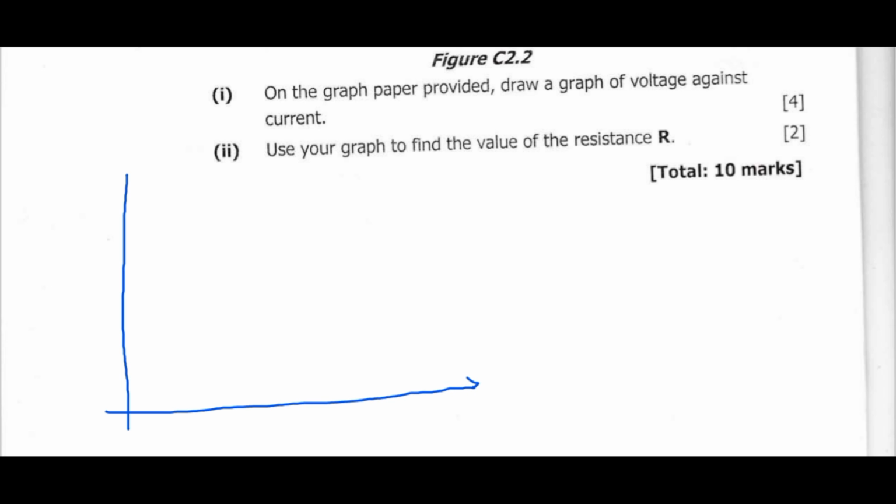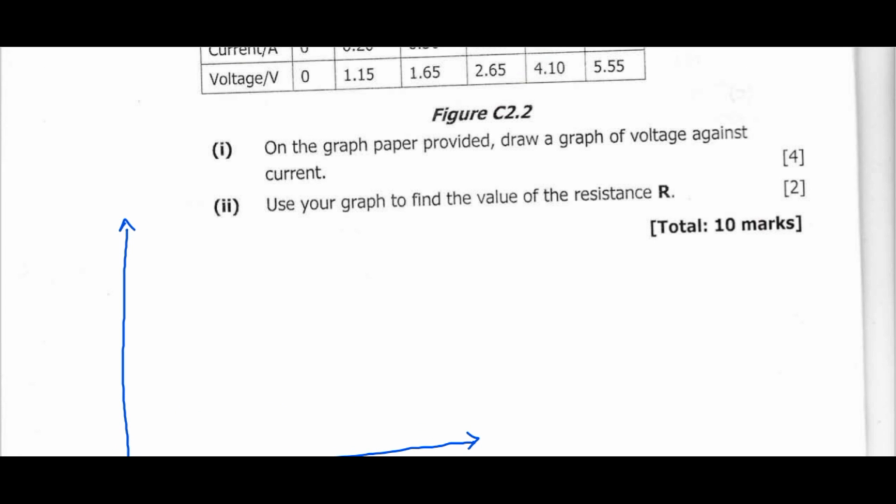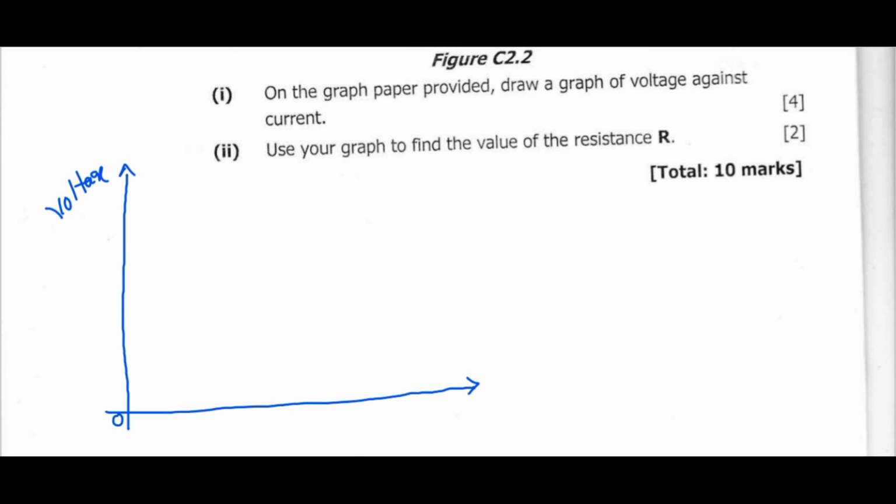Now under graphs in science, you are not given the scale, so you need to make your own scale. So we know that it's voltage against the current. So the voltage will be on the y-axis against the current on the x-axis.